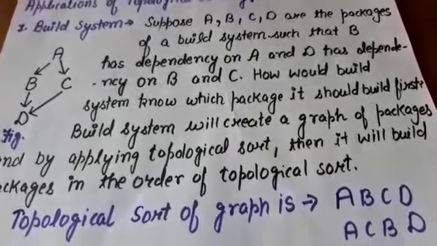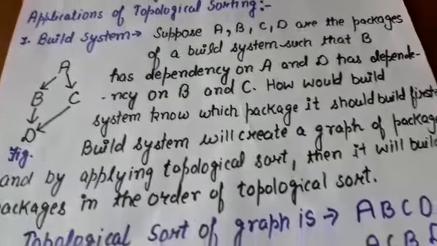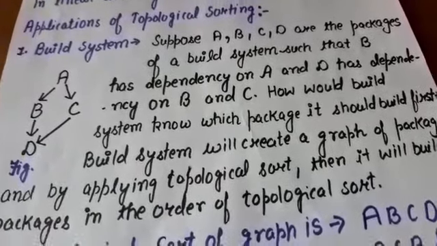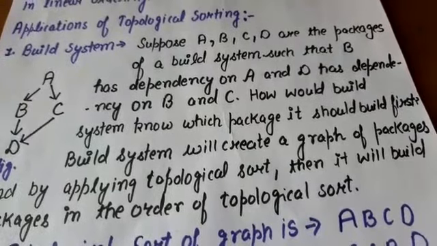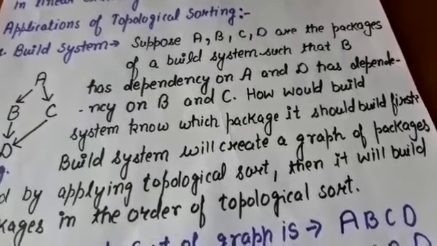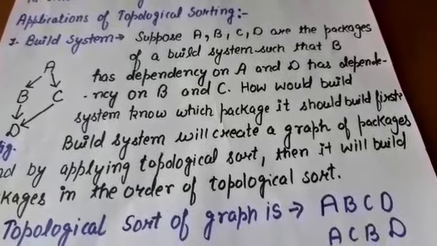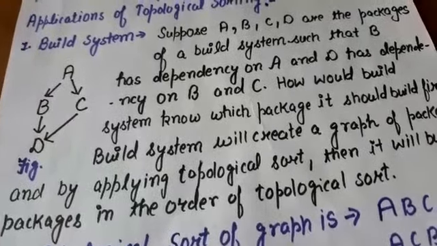So here the topological sort of this graph is ABCD. Here ABCD tells that B comes after A. This thing I can evaluate from the graph, right? It tells that C comes after A, right? So I can also evaluate from the graph. It also tells that D comes after B and C. I can also see in the graph, right?